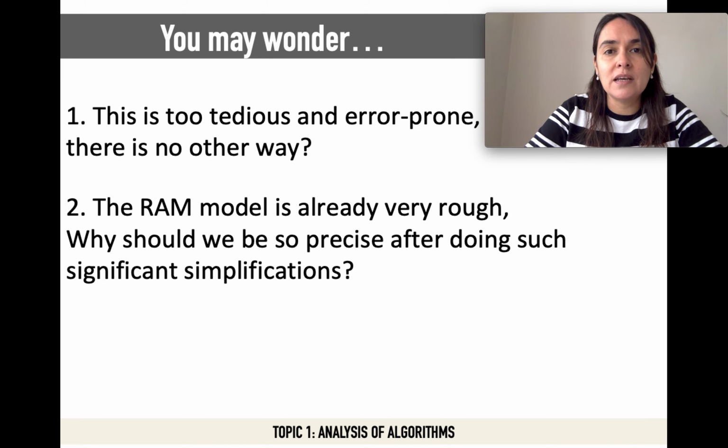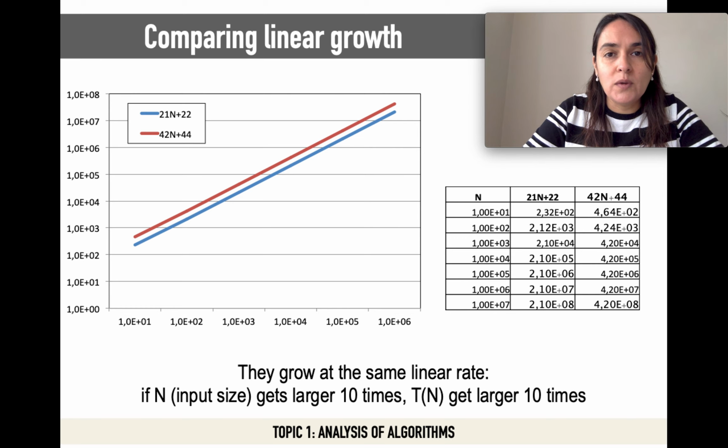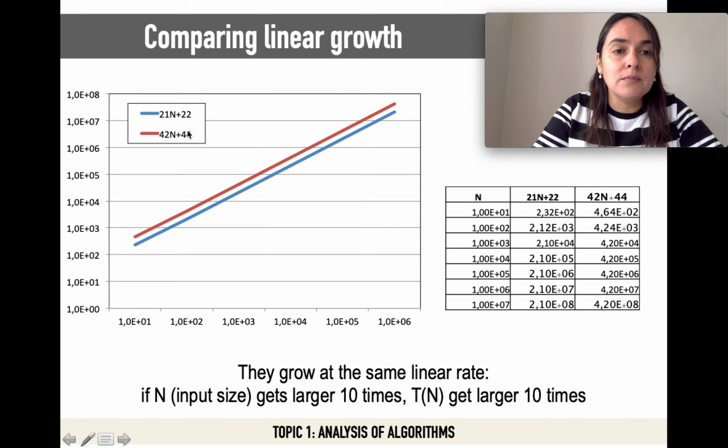And let me show you another reason why we don't need to be so meticulous in counting the time units. Imagine that we have two algorithms. One takes this amount of time, and the other one takes exactly double the amount of time. They both grow linearly. In this graph, I have a logarithmic scale here and here, so you can see big and small numbers in this space. And here I have the numbers.